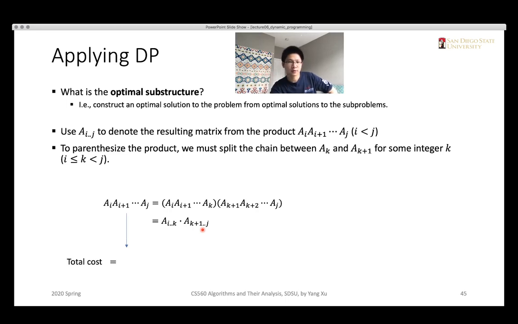Okay, so now let's consider the total costs, in terms of scalar multiplications, of doing matrix multiplications.